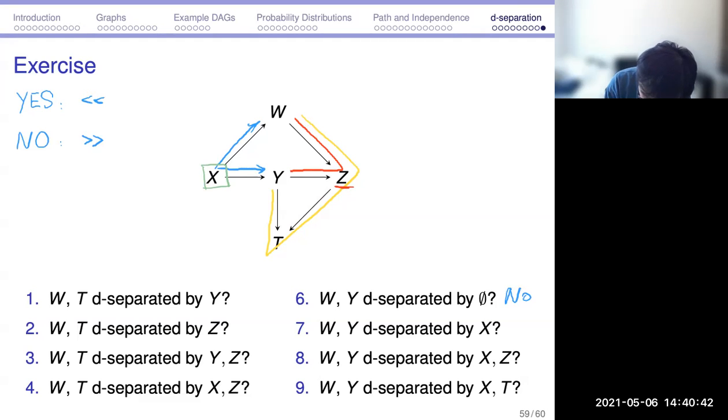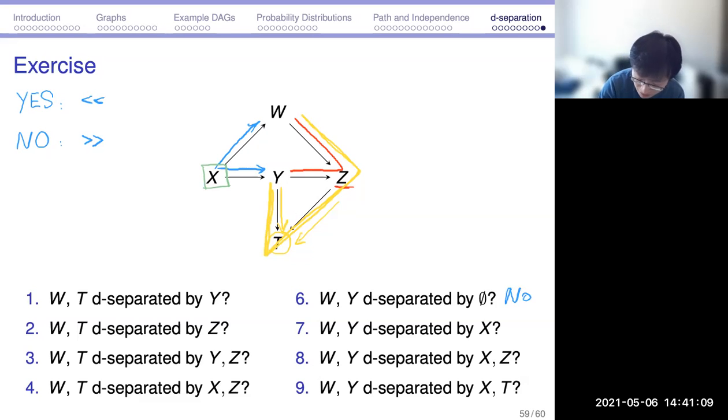Now we have this yellow path. Again, we have a collider structure, not on Z, but on T. We have an arrow pointing over to here and an arrow pointing to here. Because T is not in the conditional set, this yellow path is blocked.